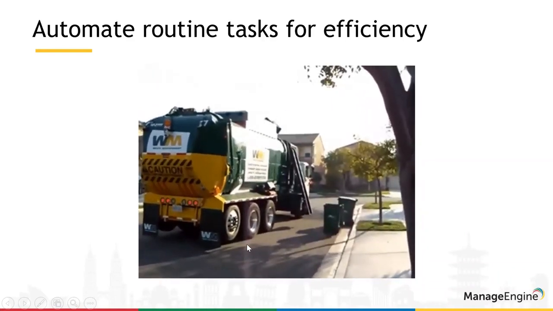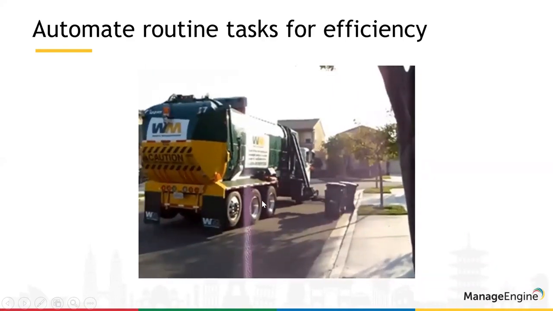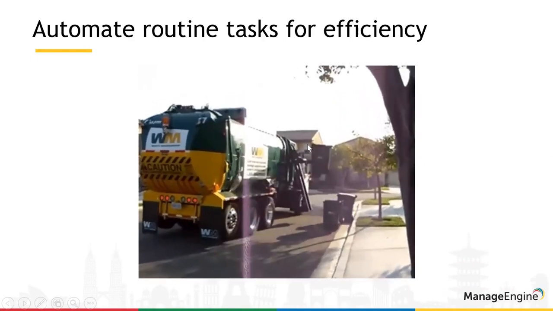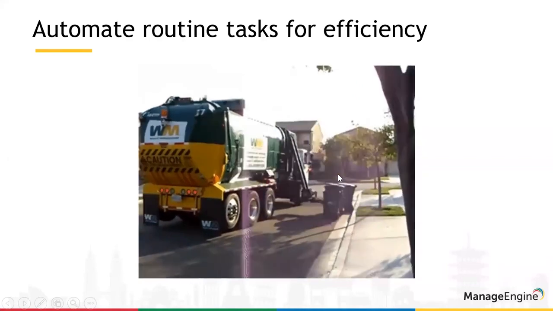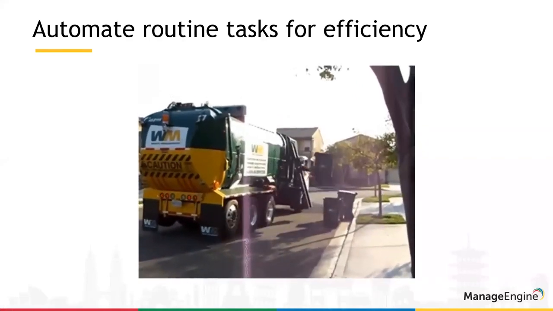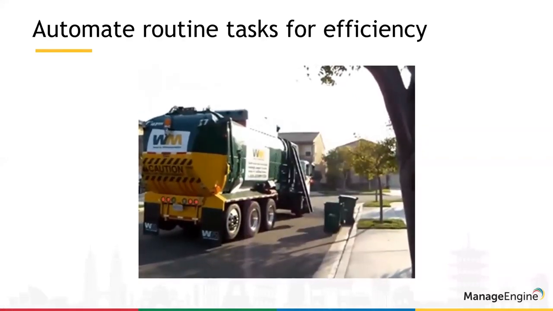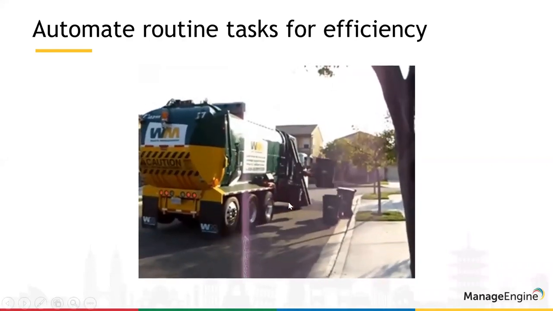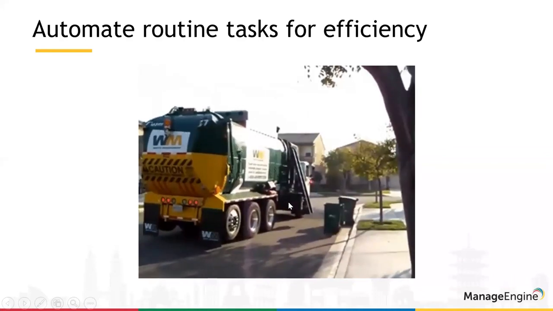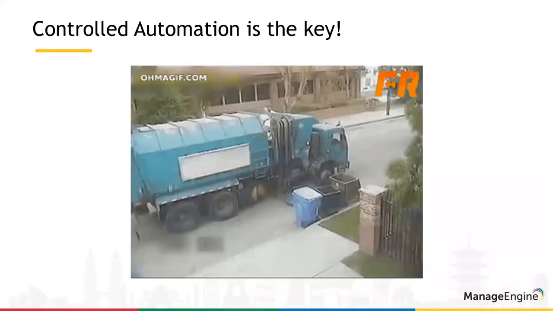Now, this GIF that you see on the screen, according to me, is automation in theory. Automation in theory works perfectly fine. And all of us know how automation works in reality. Not all the time, but there are chances for some issues when you talk about automation, right? So the next GIF that you're about to see is going to be automation in reality.